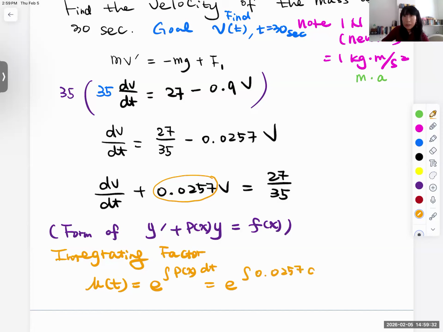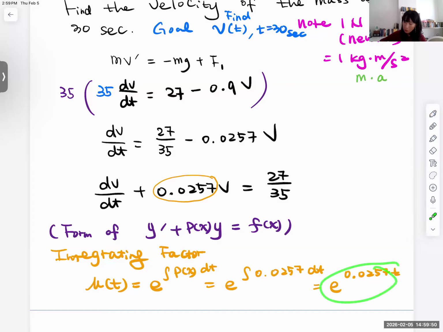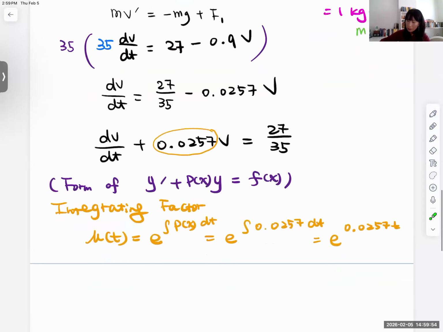0.0257 dt. Okay, so we integrate the number, then we get e to the 0.0257t. Okay, all right. So then we multiply this one for every term, right? So we had the experience.